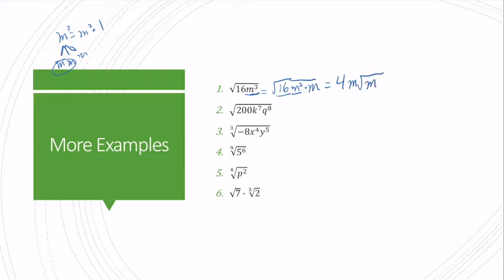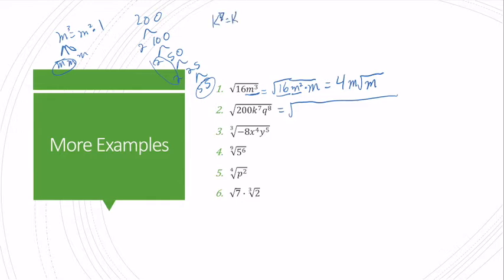Okay, let's try this again. If I have 200, that is 2 times 100, which is 2 times 50, which is 2 times 25, which is 5 times 5. So I've got 2 5s, 2 2s, and 1 2 left over. And I have k to the 7th. So that means I'm going to have k squared times k squared times k squared times k.